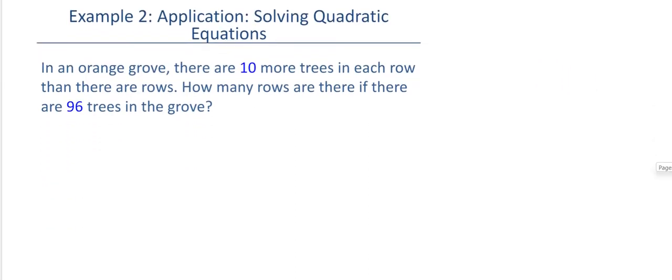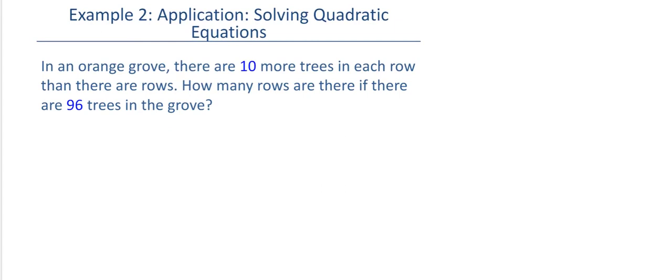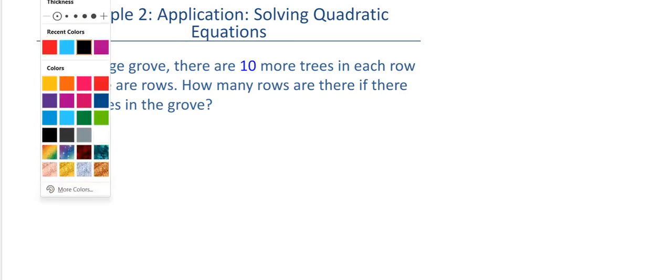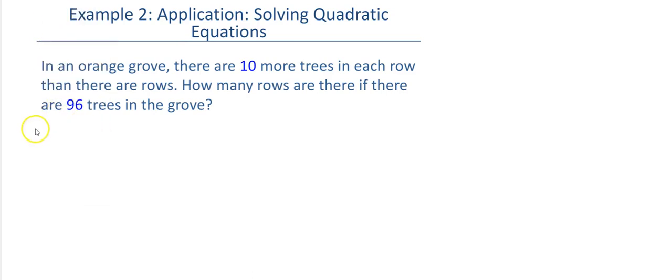I am not sure if this one's on Hawks, but just in case, you might want to be ready for it. In an orange grove, there are 10 more trees in each row than there are rows. How many rows are there if there are 96 trees in the grove? This is an example from the book, and you have 2 things here. You have R, and that equals the number of rows.